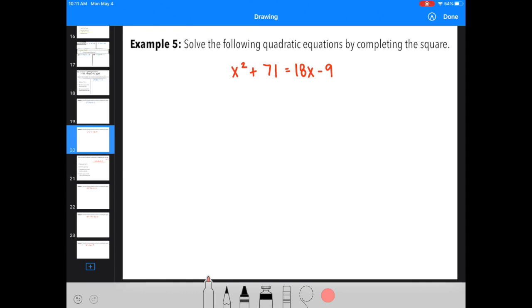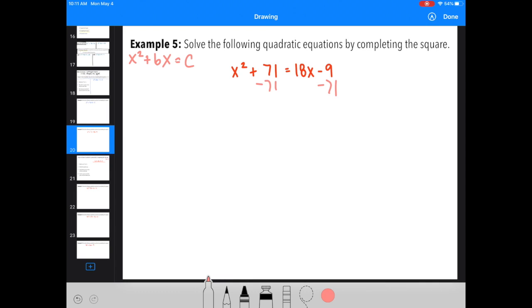See, not too crazy. All right, let's look at another one. I have x squared plus 7 is equal to 18x plus 9. This problem looks like it's going to be more complicated, but it just didn't give the equation to you in standard form. Move things around, put it in standard form. So my standard form is x squared plus bx is equal to c.